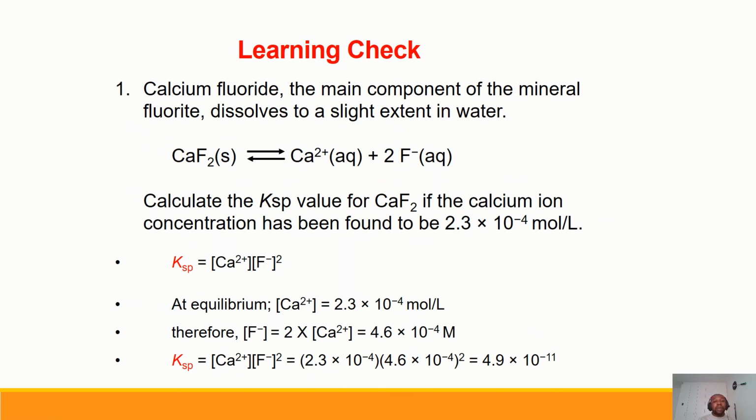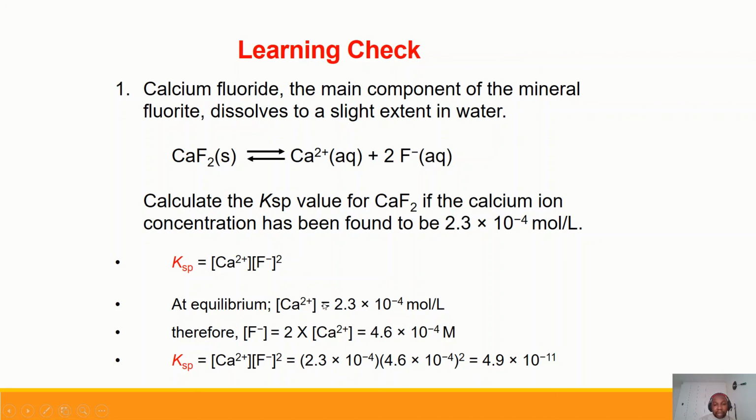So an example is when you have this and then they give you the concentration. You are given the concentration of CaF2. If the calcium ion concentration has been found to be 2.3 times 10 raised to power minus 4 mole per liter, then we should calculate the KSP.